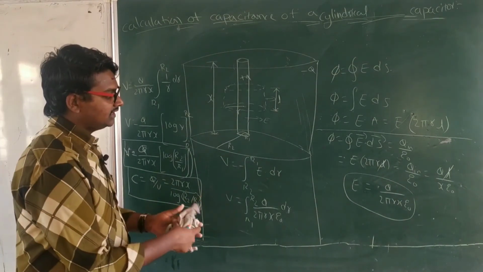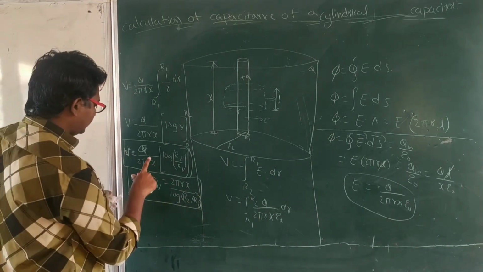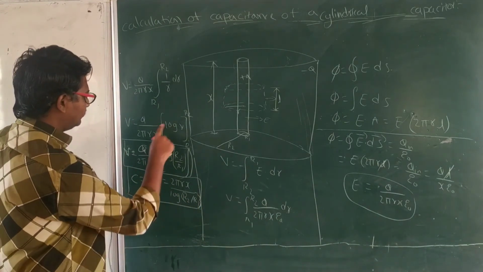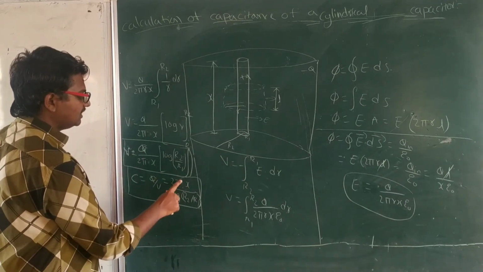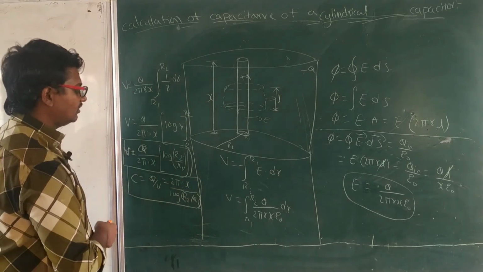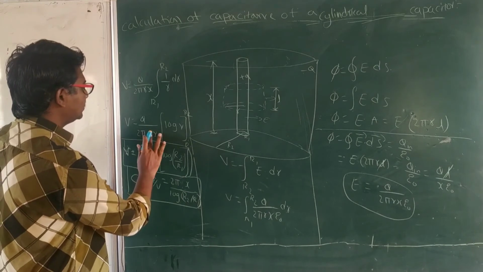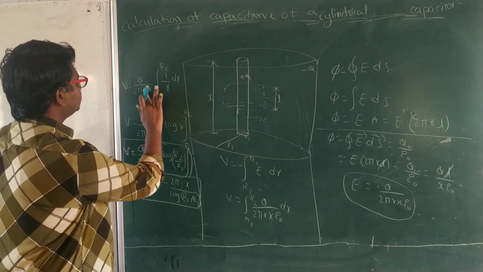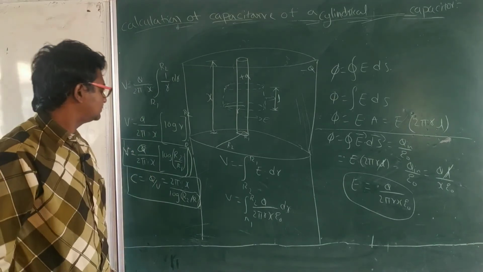Here r is not necessary, we have already done with r, so we have to remove it. It is simply 2 pi x by log of R2 by R1 that we got, since we have already done the integration of 1 by r into dr.